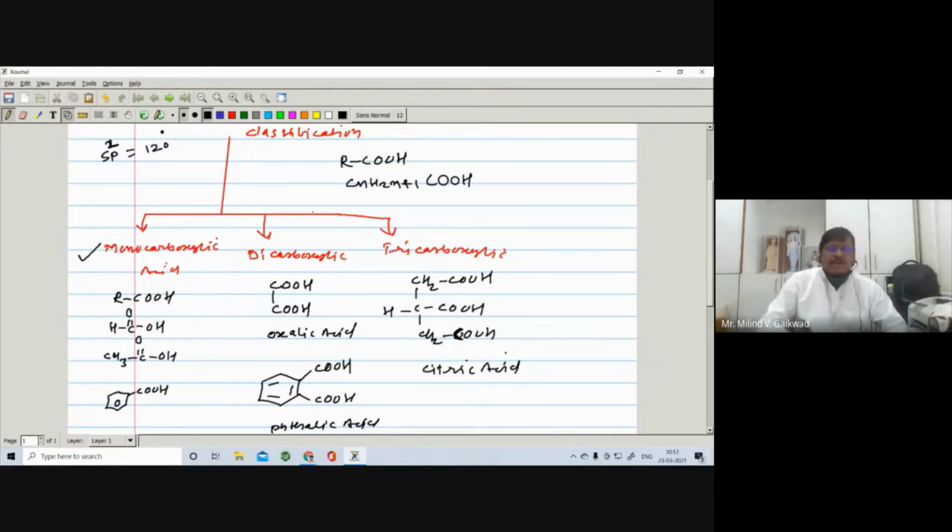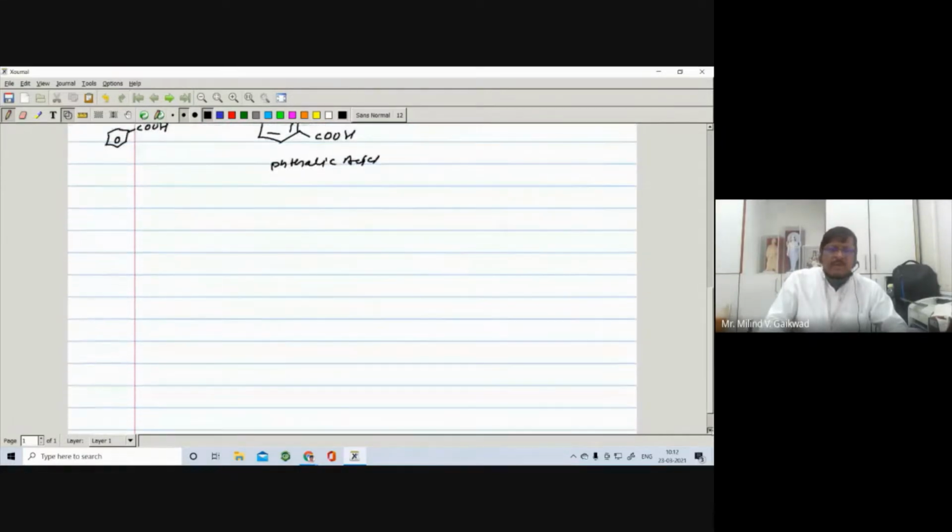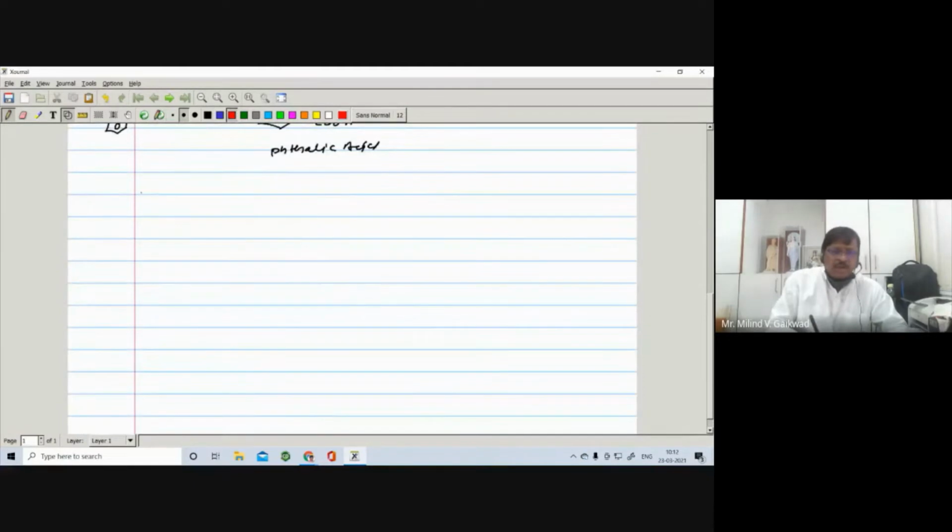Then nomenclature. Nomenclature means how to write the name of the compound, and writing the name of the compound is also very easy. There are two names, the common name and the IUPAC name.